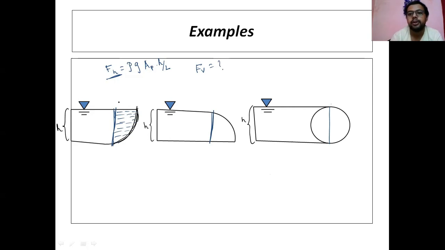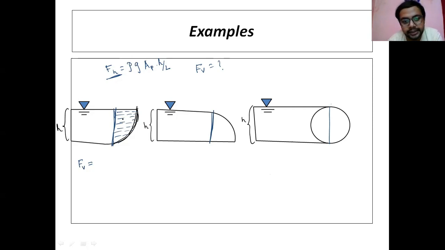So the weight of this liquid up to the free surface gives you Fv here. Whether it is a semicircular area or something else, circular or parabolic, whatever the value is, you have to find this weight.